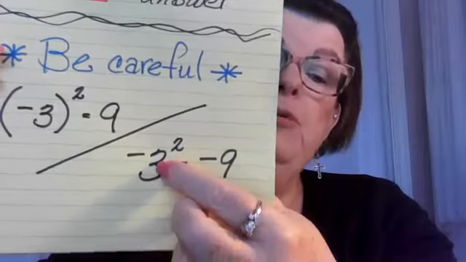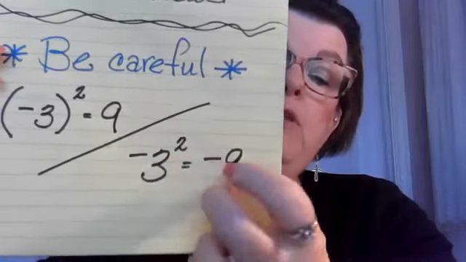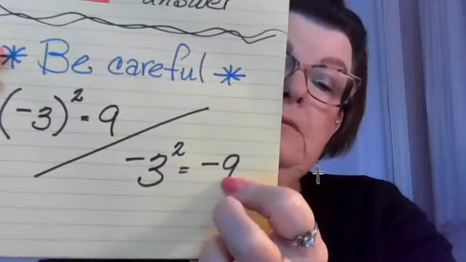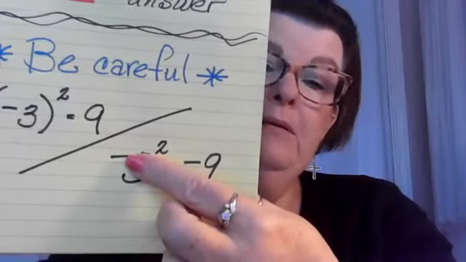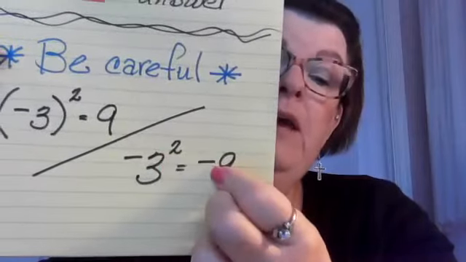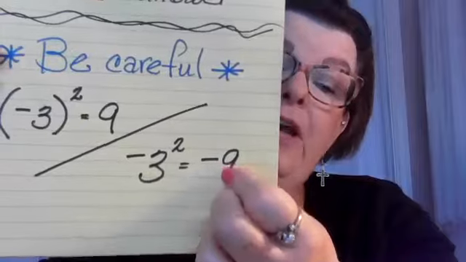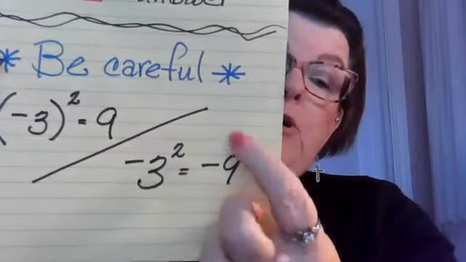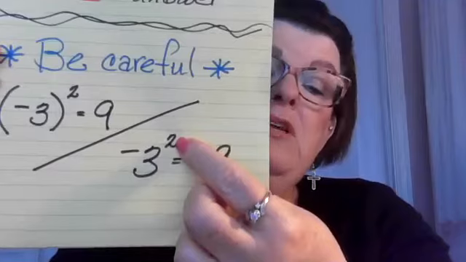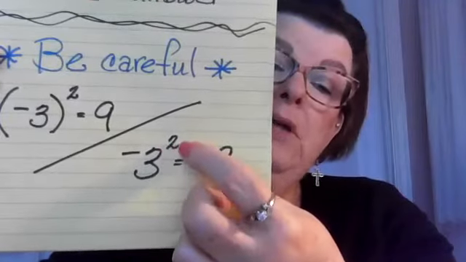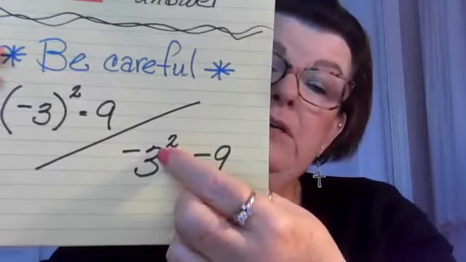So 3 times 3 will give me 9. Then I multiply it by the negative. And that's why I get a -9 here, because the squared will only write down the base that it's touching, and it's just touching the 3.